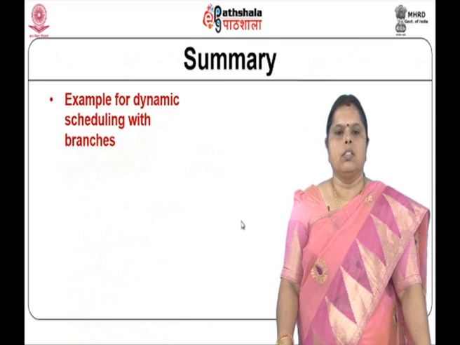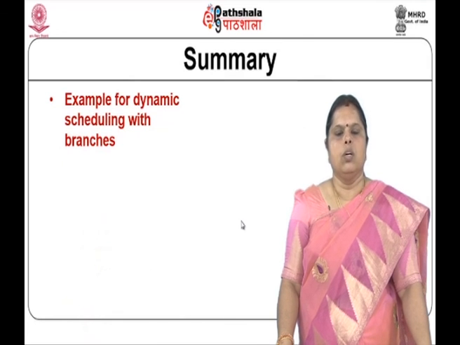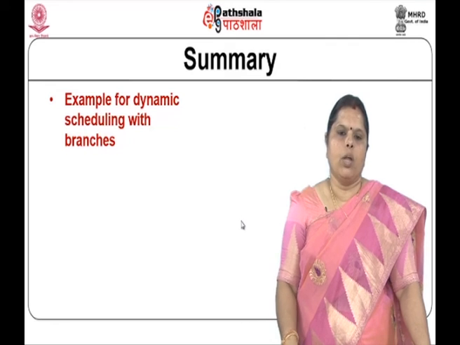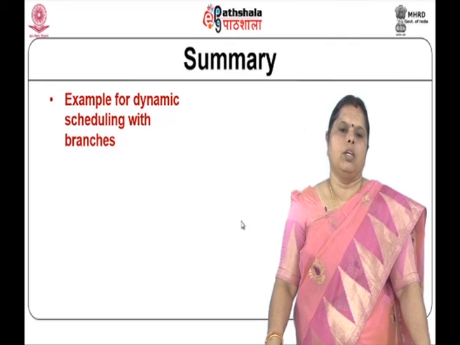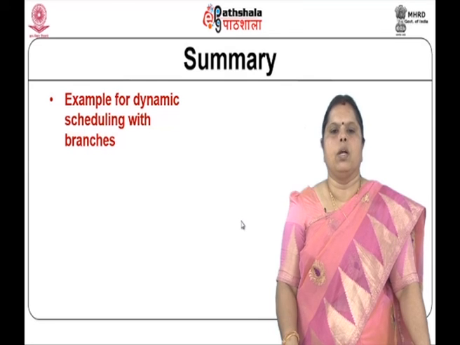To summarize, we have looked at an example of dynamic scheduling with branches. In the earlier module we looked at a sequence without branches, but you cannot do away with branches. In this module we looked at a sequence with branches.